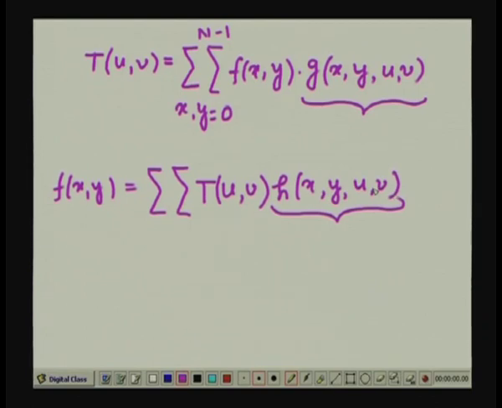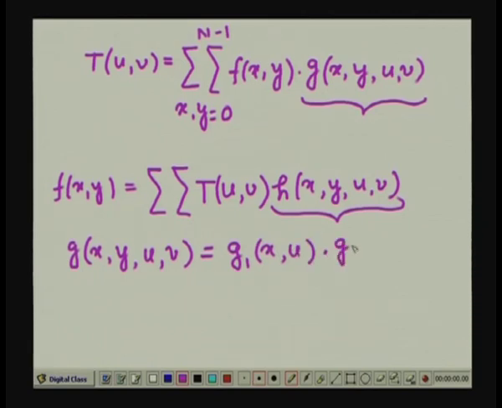and h(x,y,u,v) is called the inverse transformation kernel or the basis functions. Now, this class of transformation will be separable if we can write g(x,y,u,v) in the form g1(x,u) into g2(y,v).